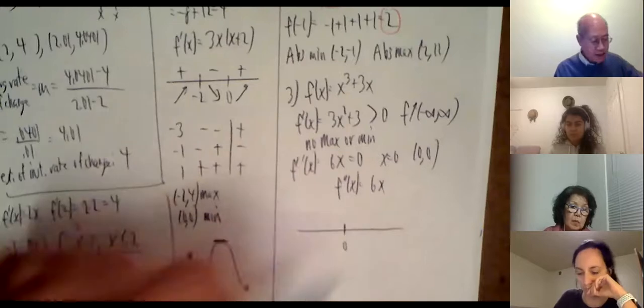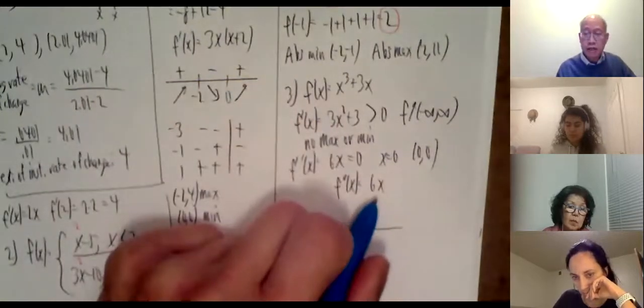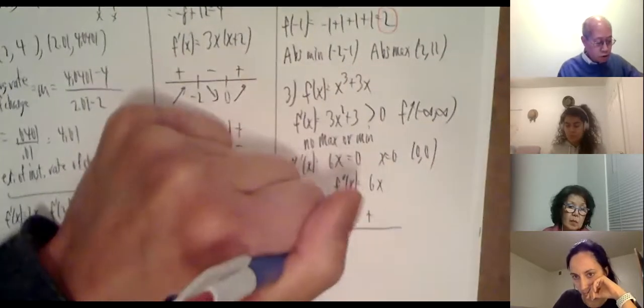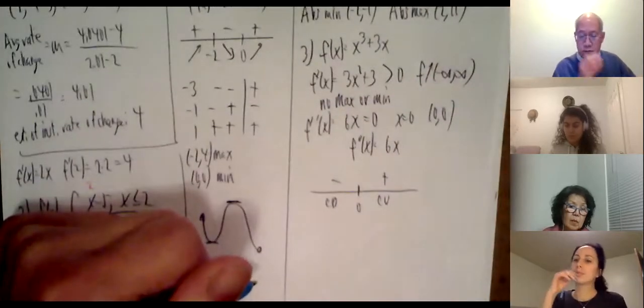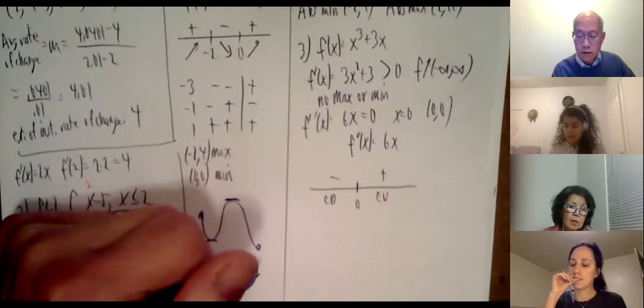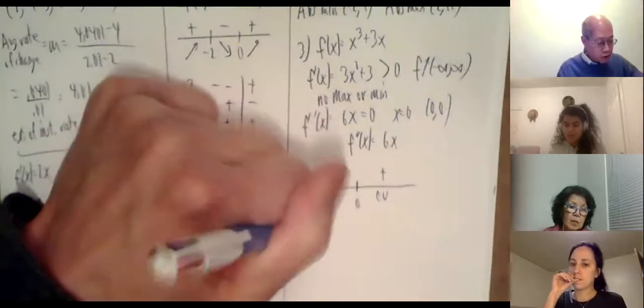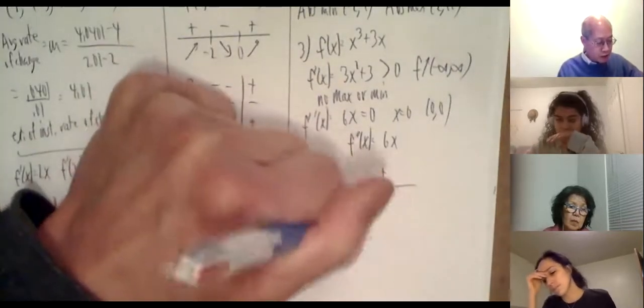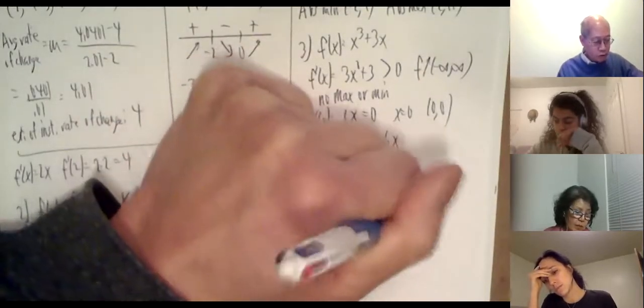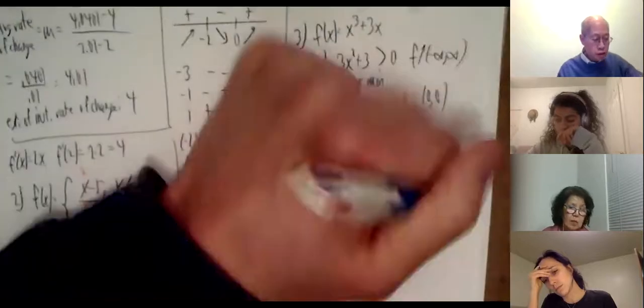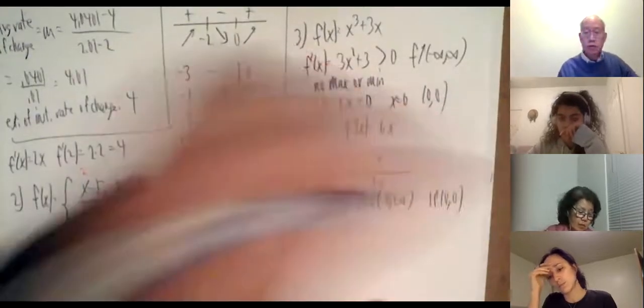If I plug in a negative, it's negative. If I plug in a positive, it's positive. So concave down, concave up. So the function is concave down from negative infinity to 0. The function is concave up from 0 to infinity, which means the origin is an inflection point.